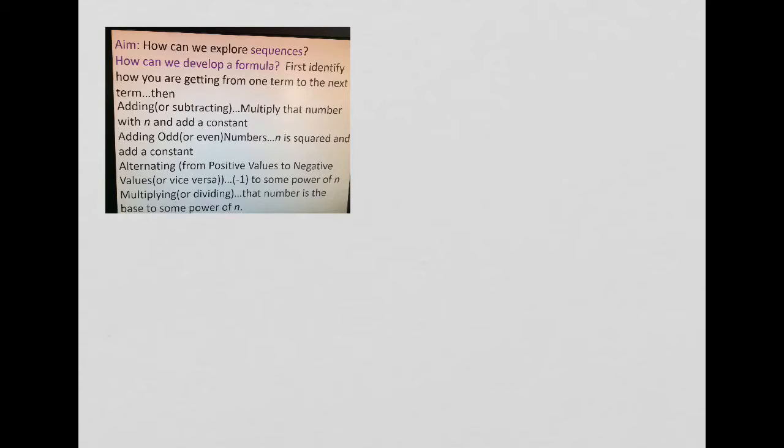When we want to write a formula for a sequence, we want to write it in the terminology for sequences, that is a sub n equals. You don't need it as a function unless you're collecting data and then you want to write it as a function. So this is for the notation.